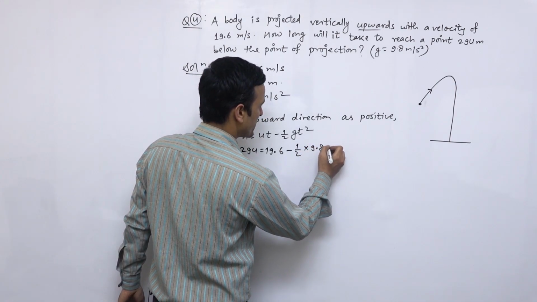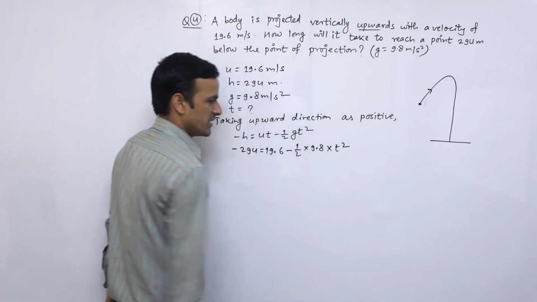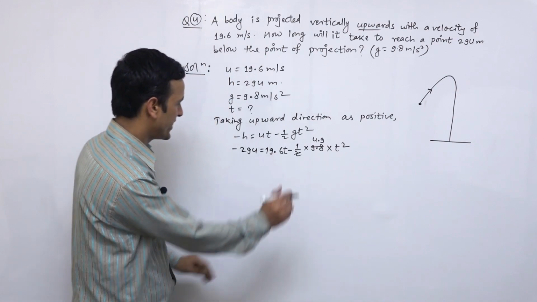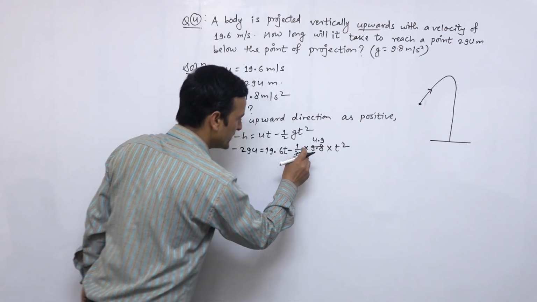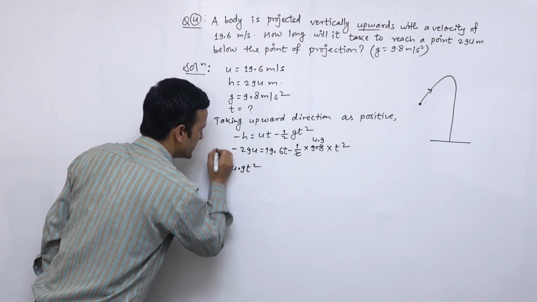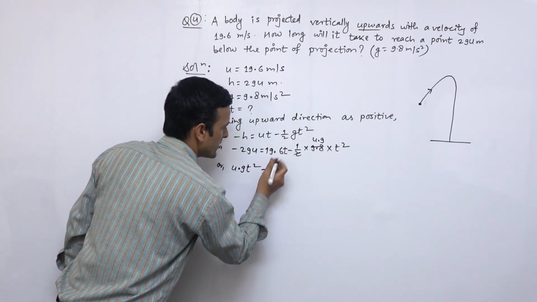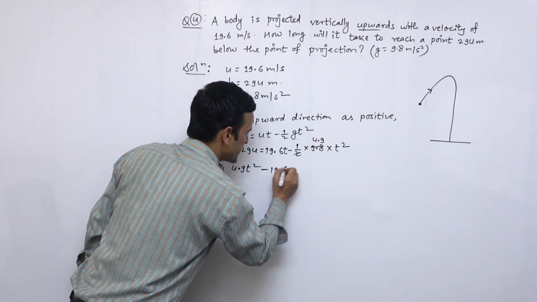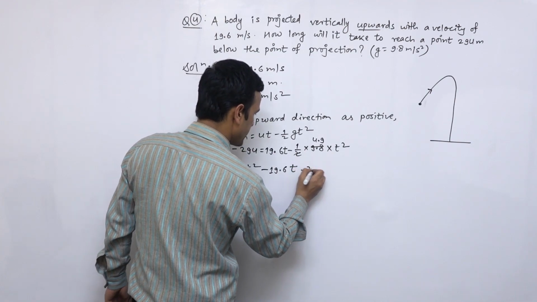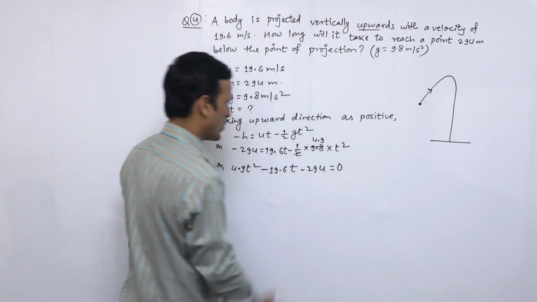We don't know the value of t square, so it is the same. So now we can substitute all the values over here. Then we get 4.9 t square, it will be plus 4.9 t square minus 19.6 t, and this will be minus 294 is equal to 0.